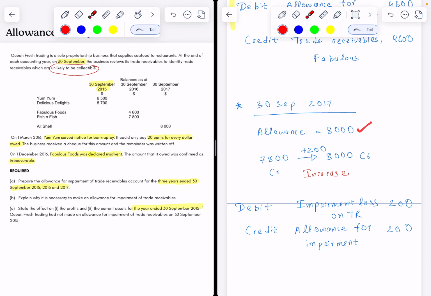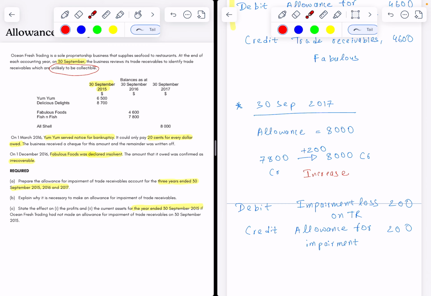So after the event with Fabulous Foods was dealt with on 1 December 2016, we ended up with a net balance of 7,800 credit. Now we have to increase to 8,000 credit, and the amount of increase is $200. Whenever there is an increase in allowance for impairment of trade receivables, we also simultaneously incur an expense, which is known as impairment loss. So by default, all expenses are debited.